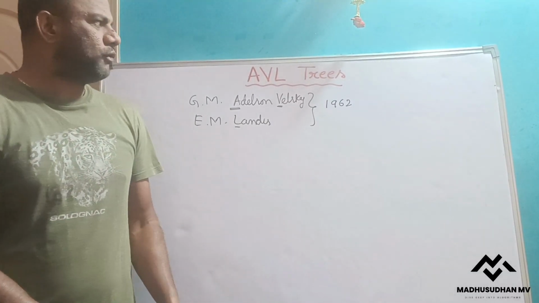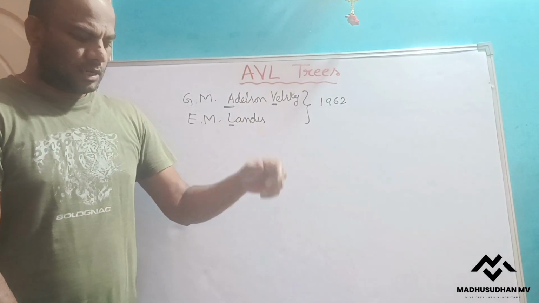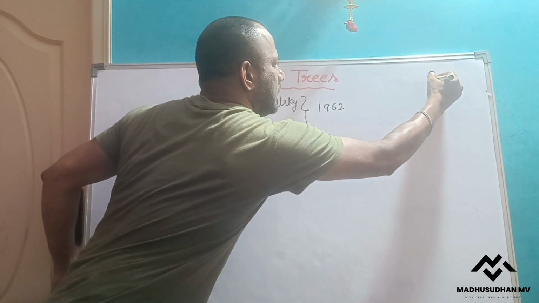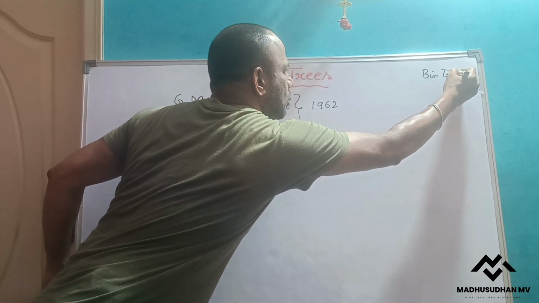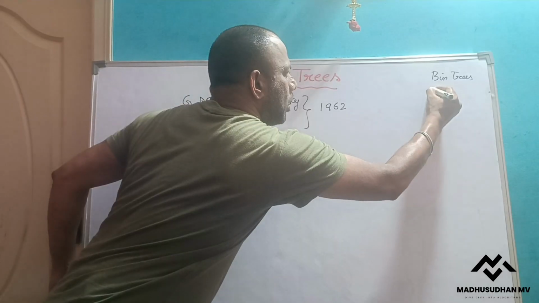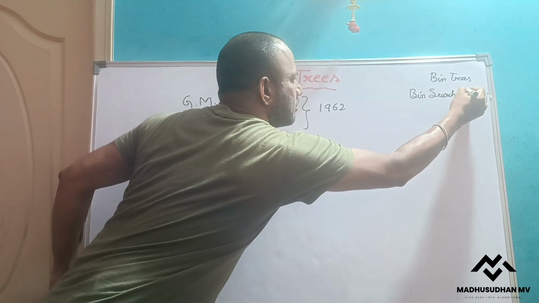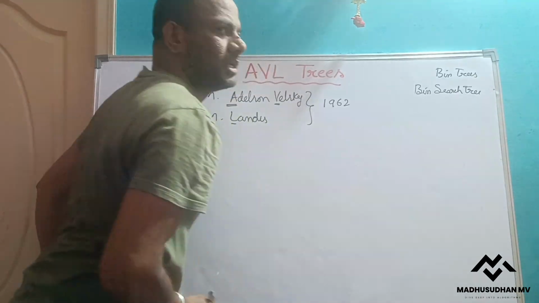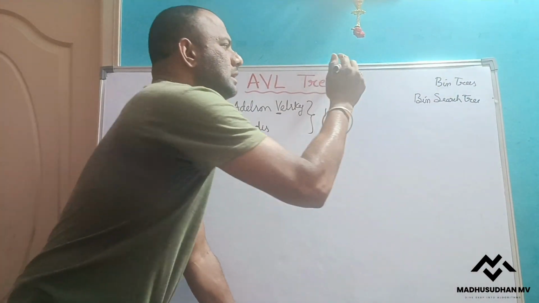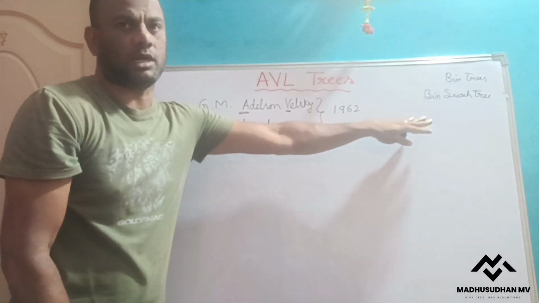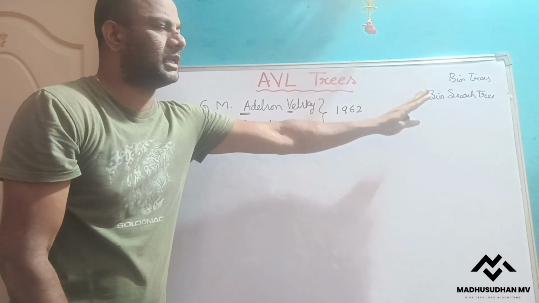Before going into the AVL trees, I will explain what you mean by binary trees, which many of you know, and what you mean by binary search trees. Then I will cover the disadvantages of binary search trees and how to overcome them.